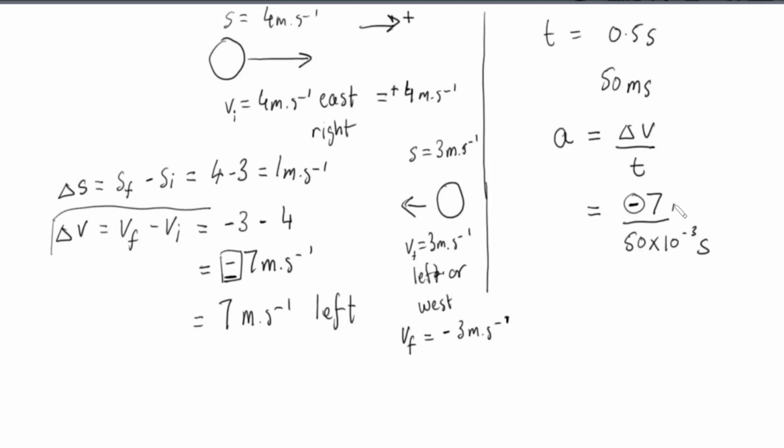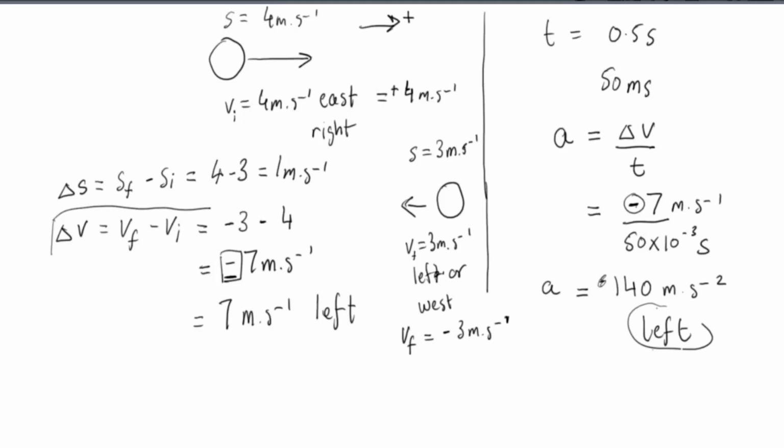And we know velocity is measured in meters per second. Then the acceleration becomes 140 meters per second squared towards the left, because this negative would have stayed there, but I've just taken that negative out and said towards the left.